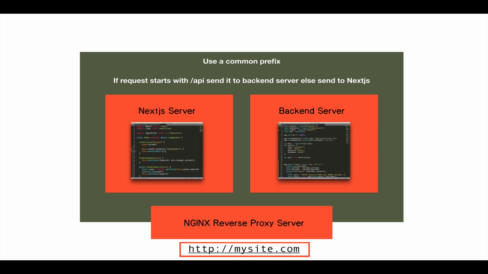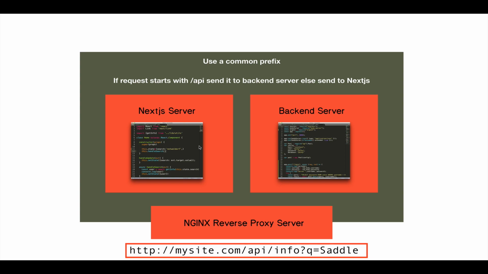For example, when we go to http mysite.com, that doesn't have this /API, so we know to send it to the Next.js server to deliver that initial GUI, that front end code. And if that front end code, when a person types something in, uses isomorphic fetch at http mysite.com/API/info with the argument q equals saddle, then Nginx knows that starts with API, and it's going to send it to the backend server.